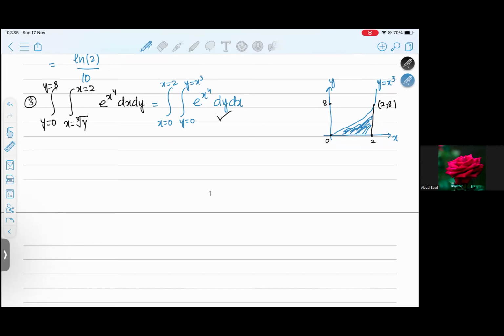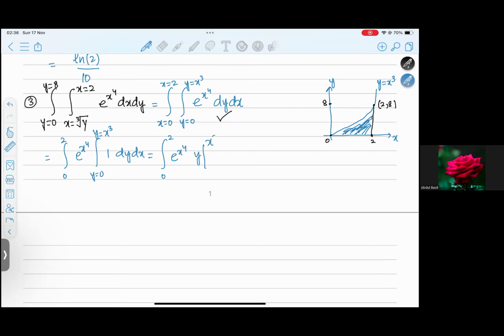And I can write this integral as x is equal to 0 till x is equal to 2. And I can just take the function of x outside because it is not dependent on y. Y is equal to 0 till y is equal to x cube of 1 dy dx. And integrating 1 with respect to y, you get y.